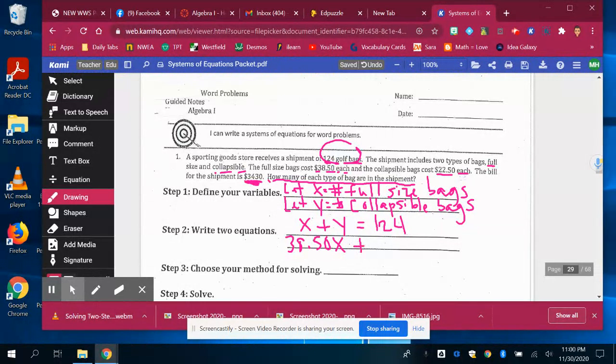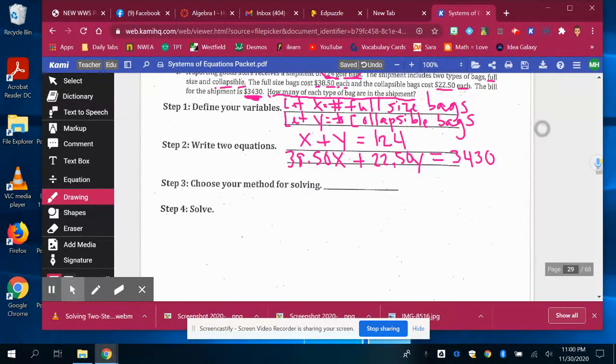I'm going to add $22.50 times the number of collapsible bags. It's going to give me a total of $3,430. So notice one equation is just the number of bags. The other equation has to do with all money. So I have coefficients for that one.